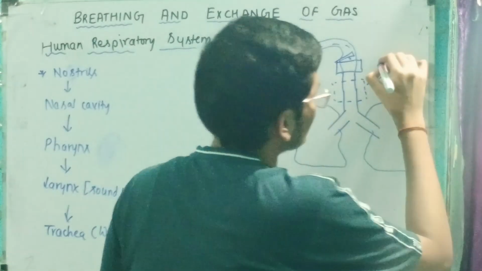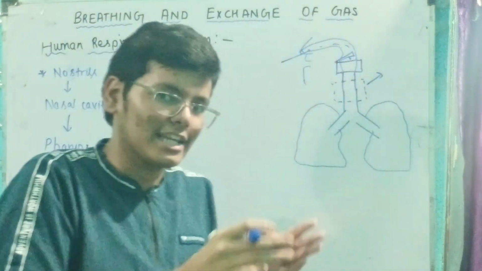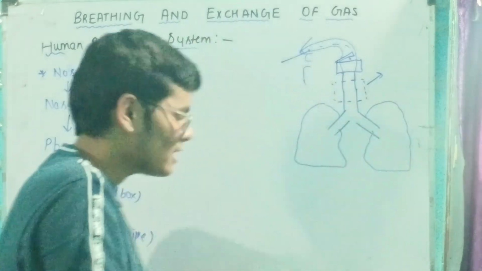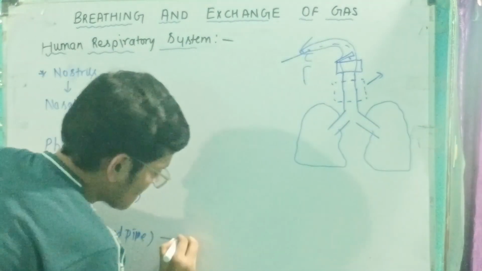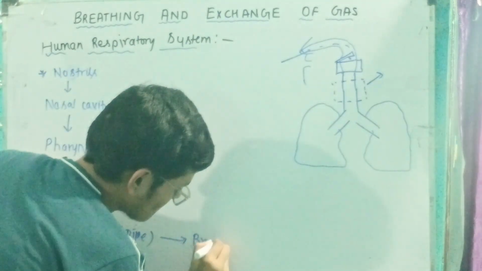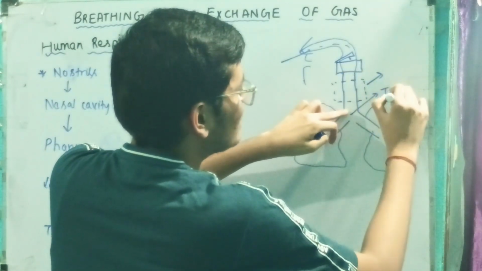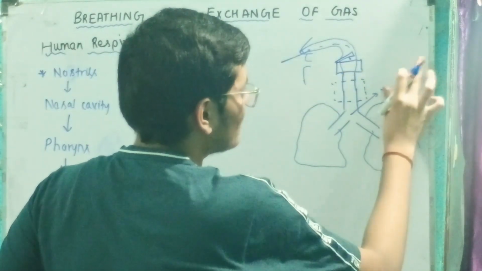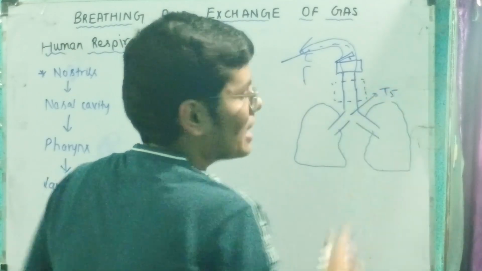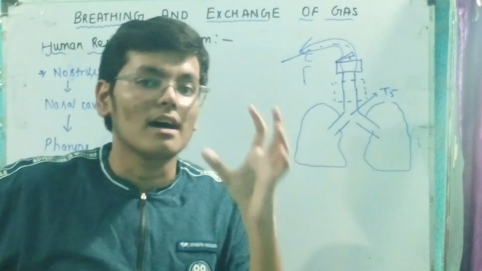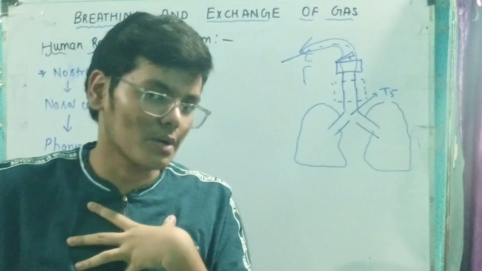This trachea divides into two parts, that are called bronchi. Till here we have trachea, and this is called the T5 region. Now what is T5? If we remember the video about the skeletal system, we learned that there is a vertebral column present in the human body.